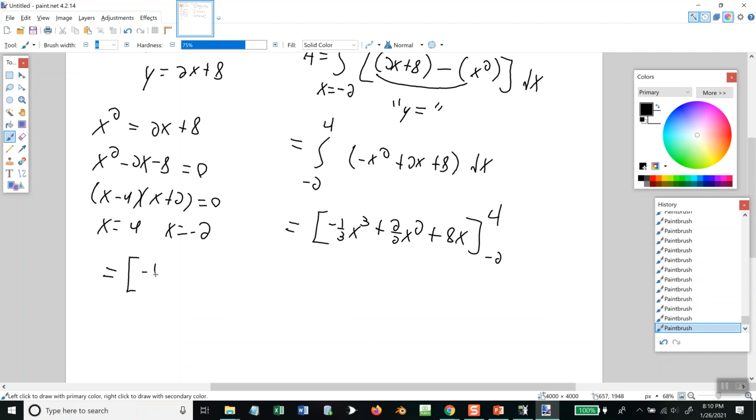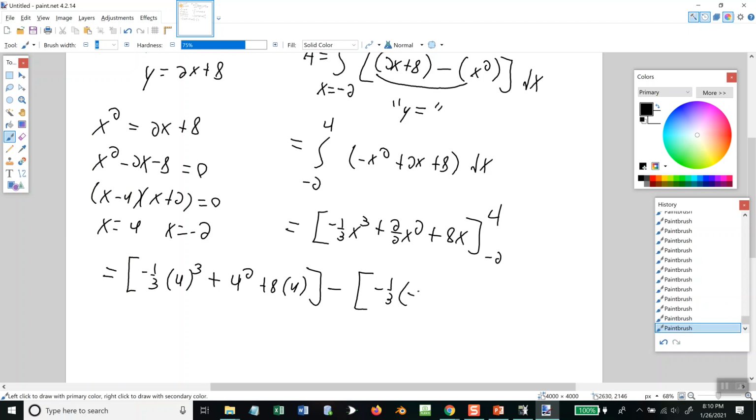So then we're going to have negative 1/3, 4 to the third power, plus 4 squared, plus 8 times 4, minus, so you plug in the one up above here, in for the x, minus, and then we got negative 1/3, not x, what am I doing?